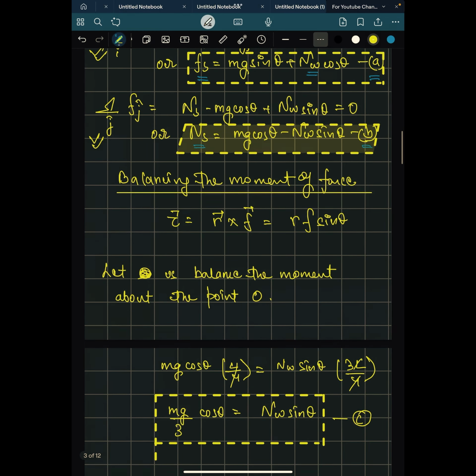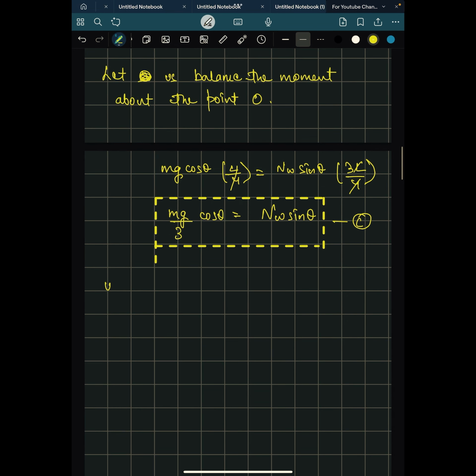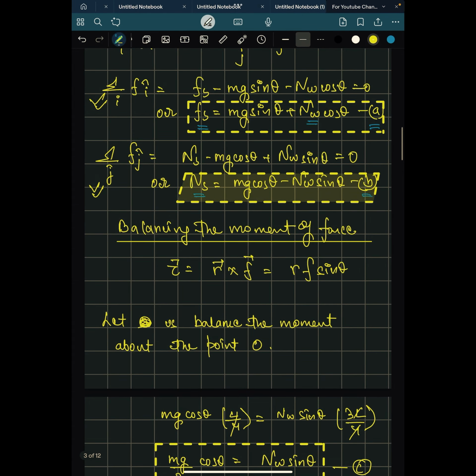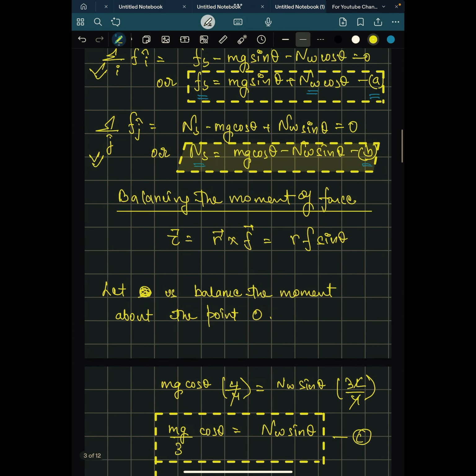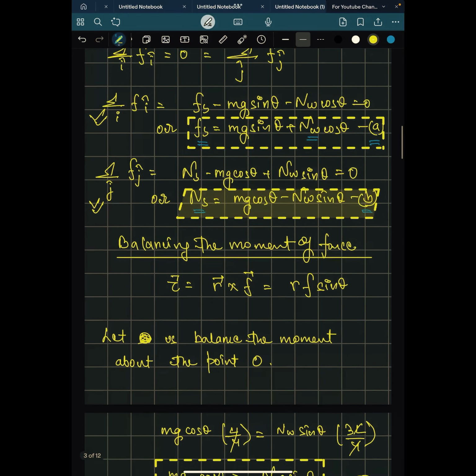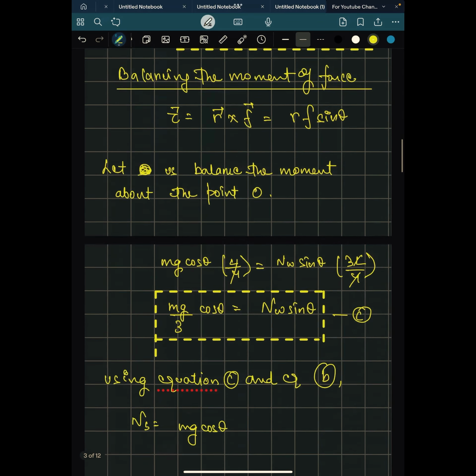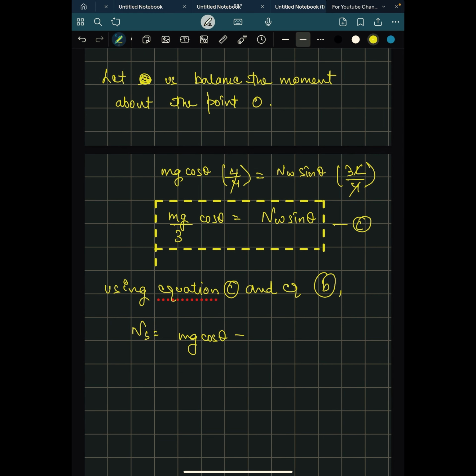So now what we will do is we will use equation C. Using equation C for Nw sin theta, and equation B, we get Ns is equal to mg cos theta minus Nw sin theta, where Nw sin theta is mg by 3 cos theta.